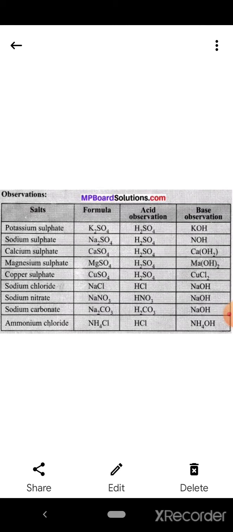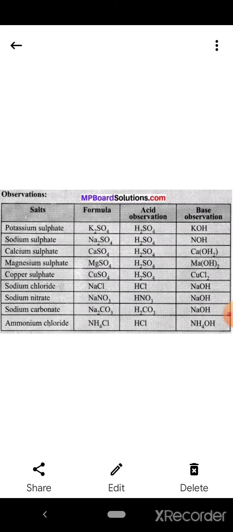Now see, potassium sulfate is represented by K2SO4, sodium sulfate by Na2SO4, calcium sulfate by CaSO4, copper sulfate by CuSO4, NaCl stands for sodium chloride, NaNO3 is sodium nitrate, sodium carbonate is Na2CO3, and ammonium chloride is represented by the chemical formula NH4Cl.